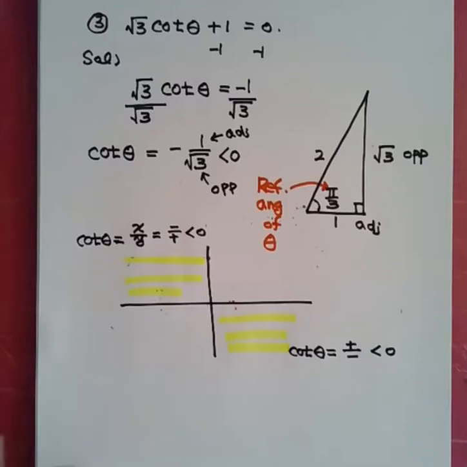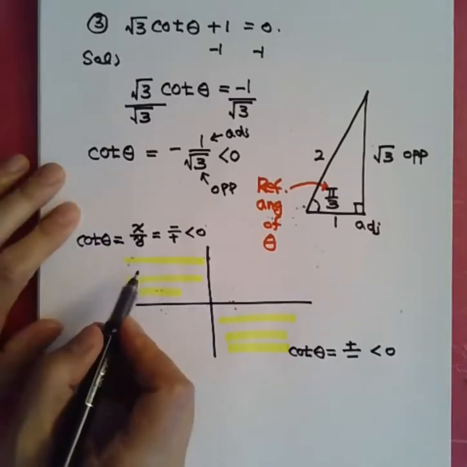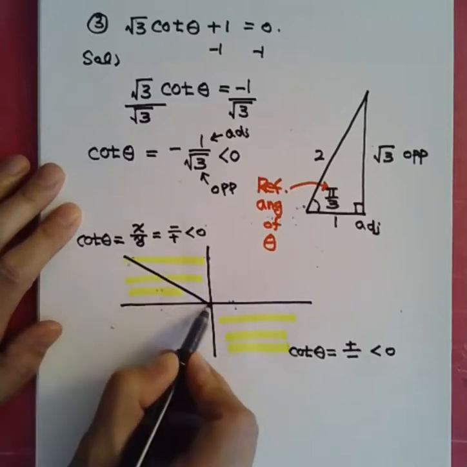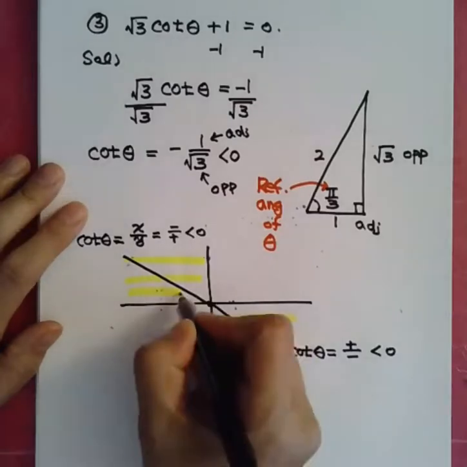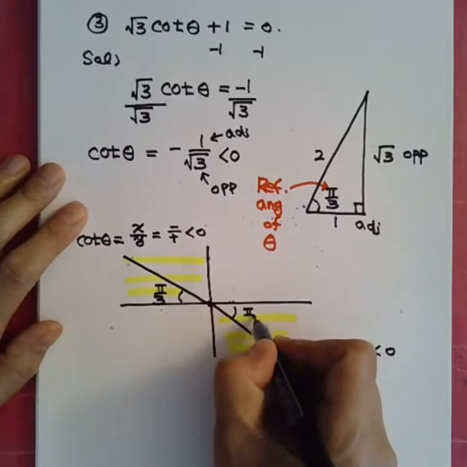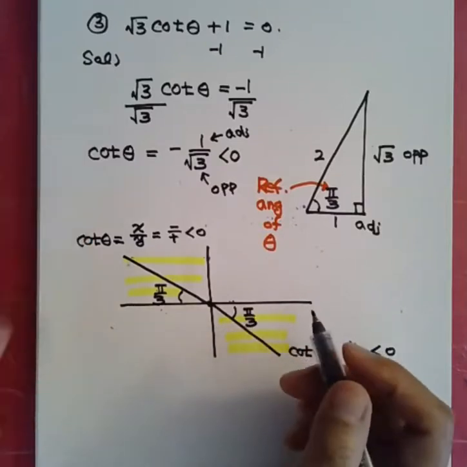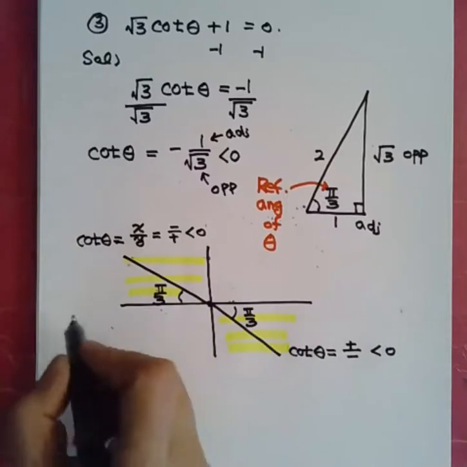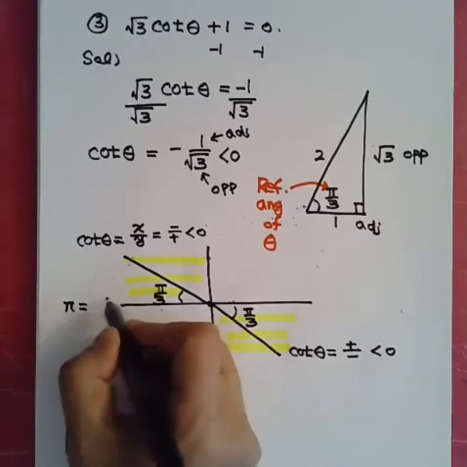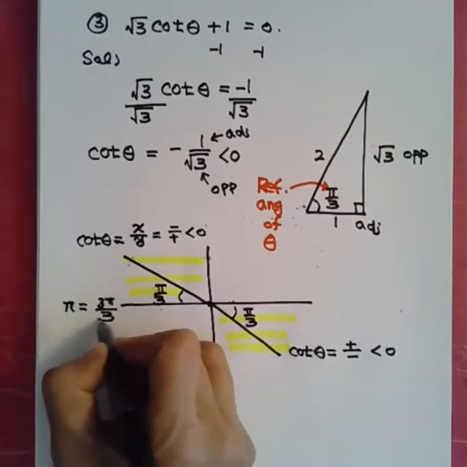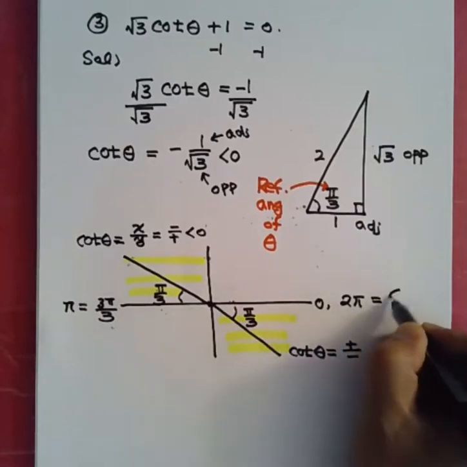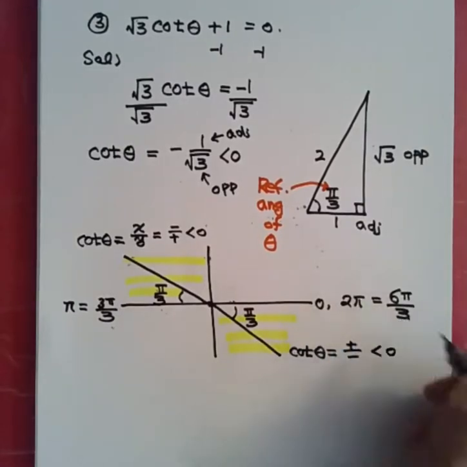We already identified the reference angle. Reference angle was pi over 3. This is pi over 3. This is again pi over 3. We want to calculate the actual angle. This is pi. This can be written as 3 pi over 3. This angle is 0 or 2 pi, which can be written as 6 pi over 3.